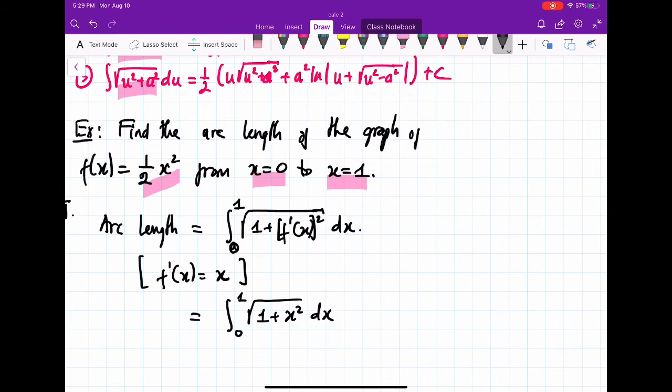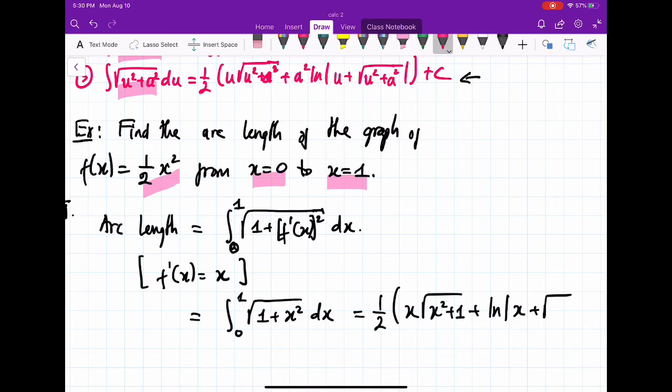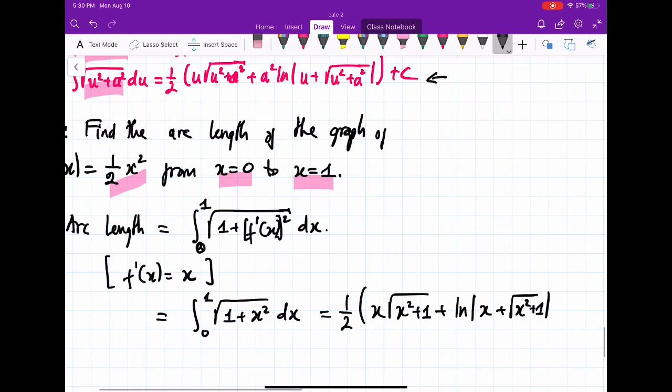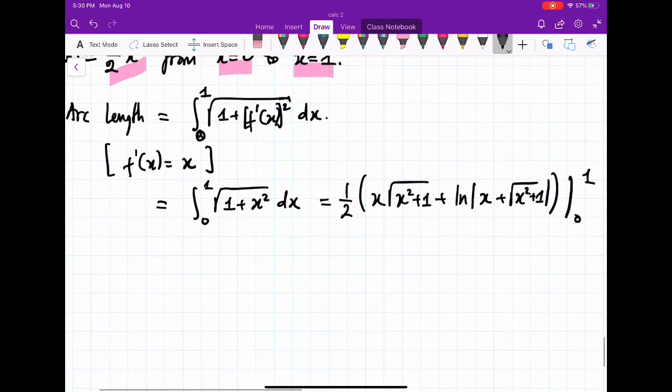According to the formula, the third one here, the integral of the square root of u squared plus a squared is equal to 1/2 times x square root of x squared plus 1, a squared is just 1, so I have ln of x plus, I think here should be plus, I think I did something wrong here, plus a squared. So x squared plus 1, and this evaluated from 0 to 1.